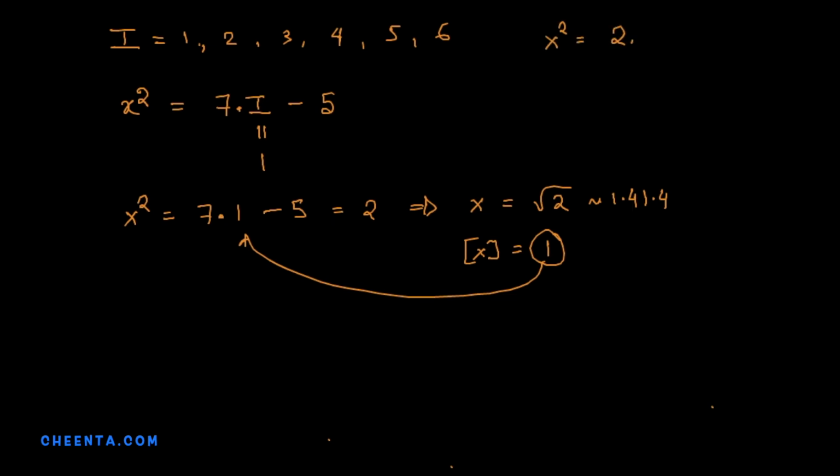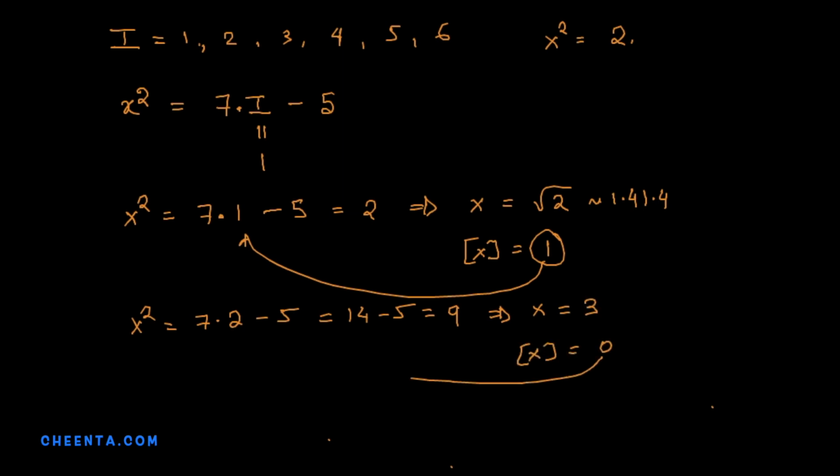Okay, so x squared is 2 works. Great. Let's try plugging in I equal to 2. So x squared equal to 7 times 2 minus 5, which is 14 minus 5, which is 9, which implies x is 3, but that doesn't work because then floor of x is 3, which is not the same as 2. So I equal to 2 does not work.